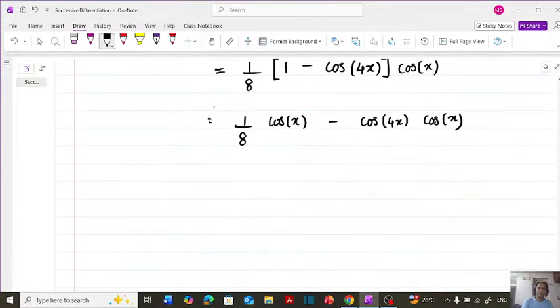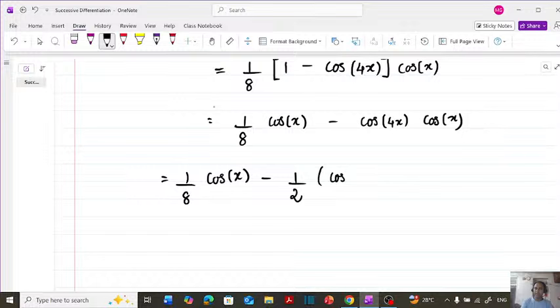Okay, so 1 by 8 cos x, and here it will be 1 by 2. What is cos a cos b? It's going to be 1 by 8 for both, right? 1 by 8, 1 by 8 will give me 1 by 16 over here.